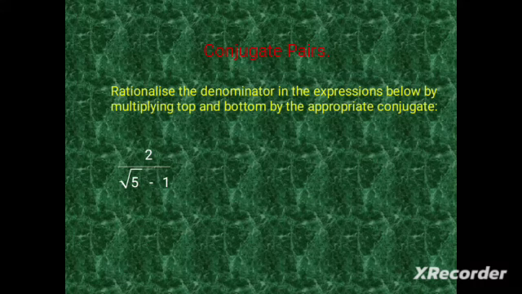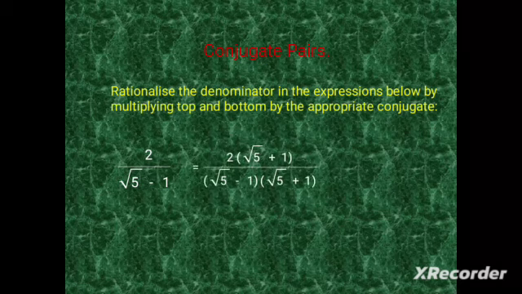2 over root 5 minus 1. So we'll do the same. In this case, we'll multiply by the conjugate, since the surd is in the denominator. We are talking about the conjugate pair. A conjugate pair is a situation whereby when we have root 5 minus 1, its conjugate pair will be root 5 plus 1.